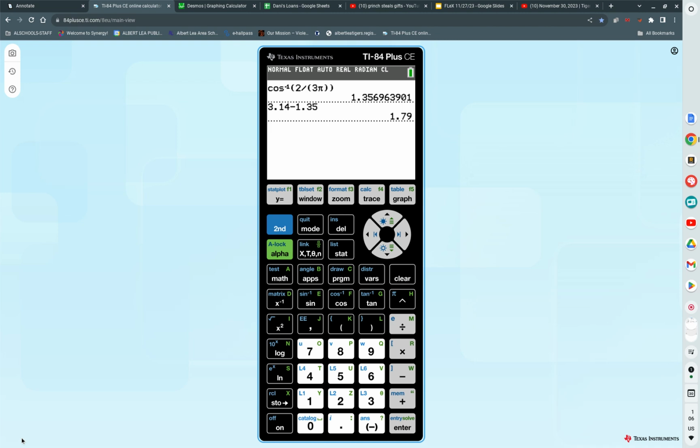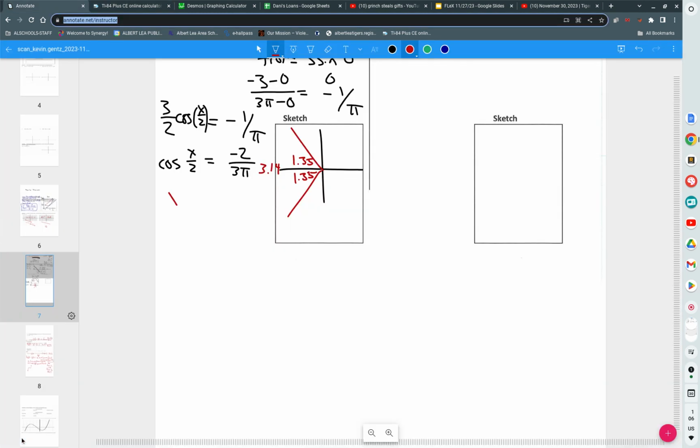I get 1.79. And I get 3.14 plus 1.35, and that would be 4.49. So as I found those two values, notice on the other side, I have x over 2.